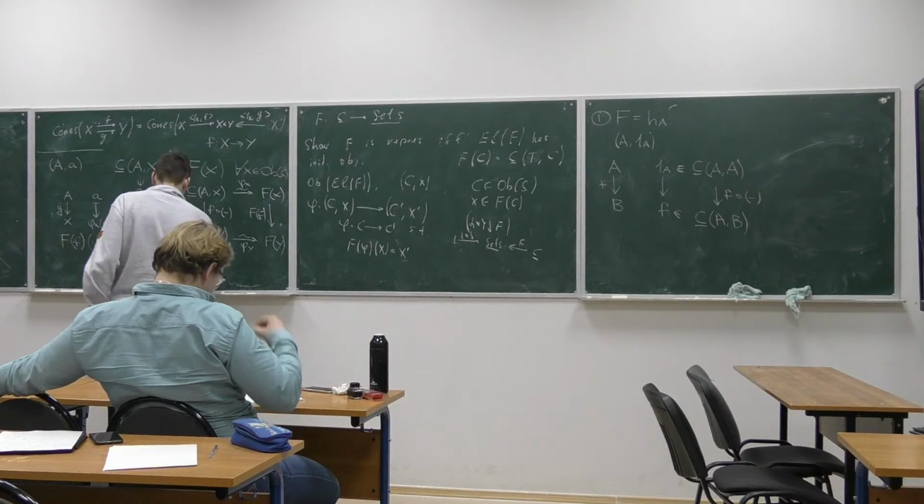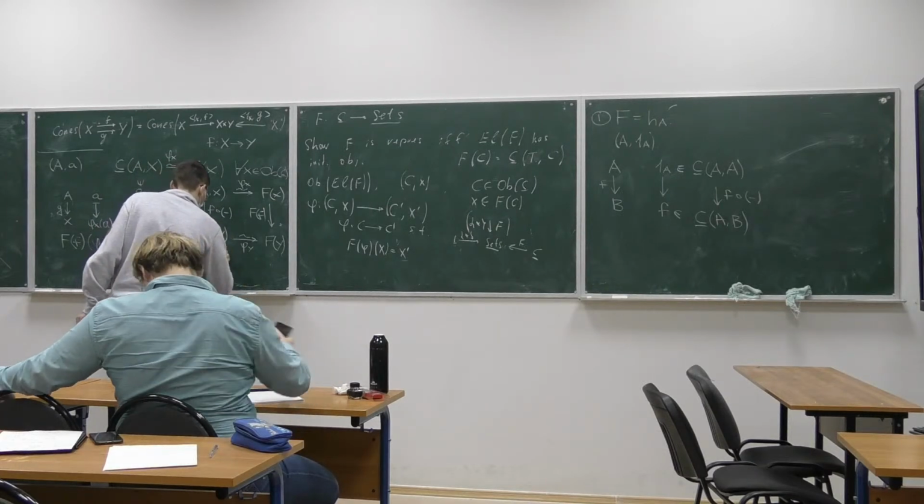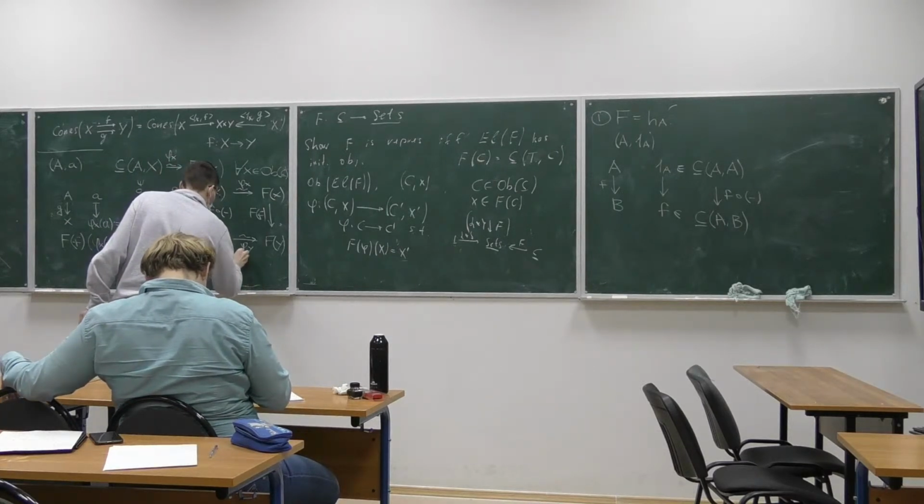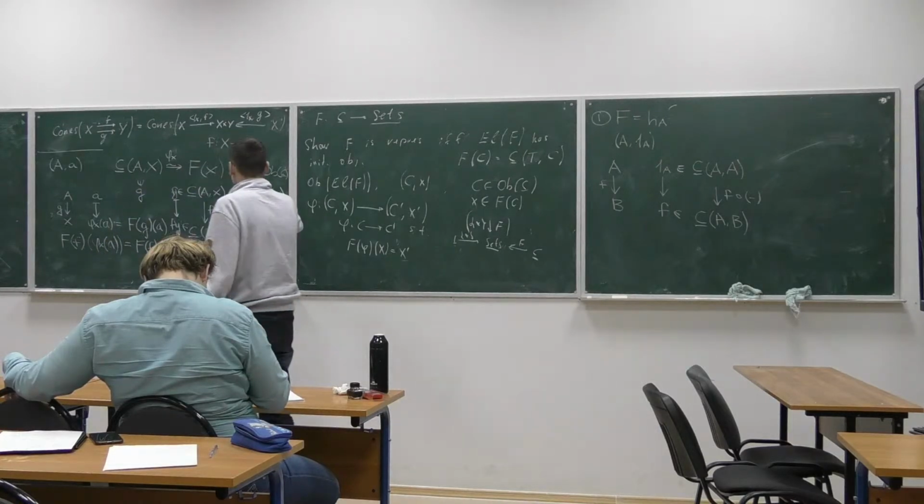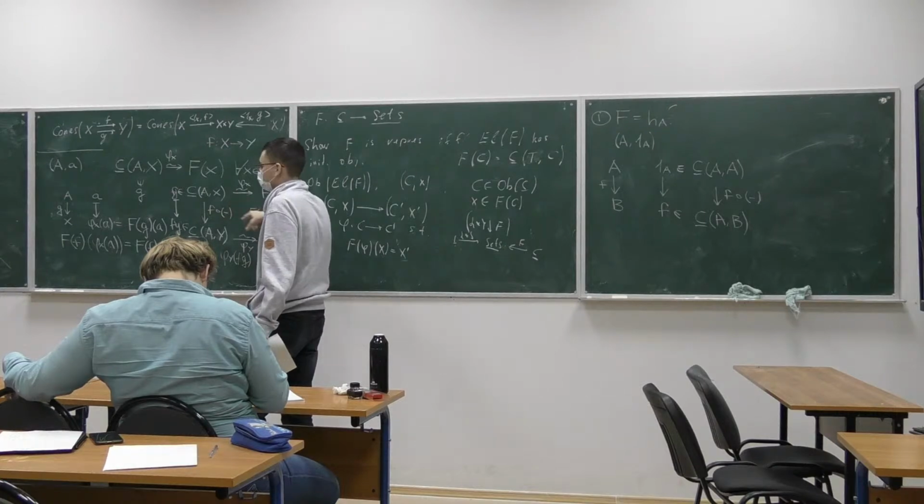So it is Fy from FG. So I have an isomorphism between two functors.